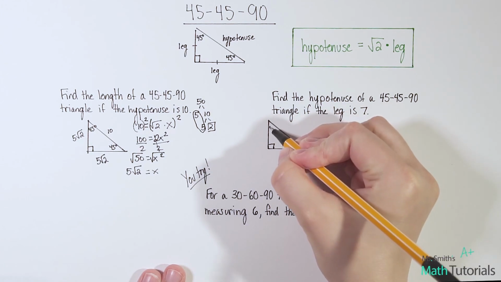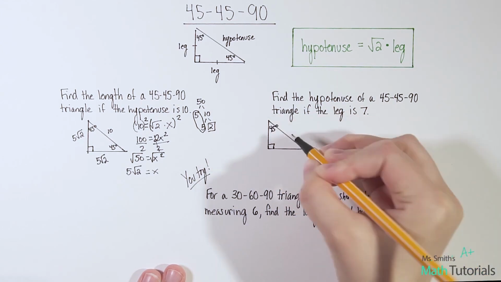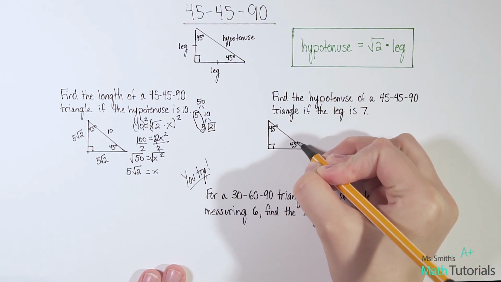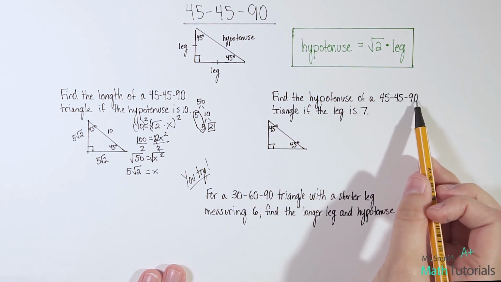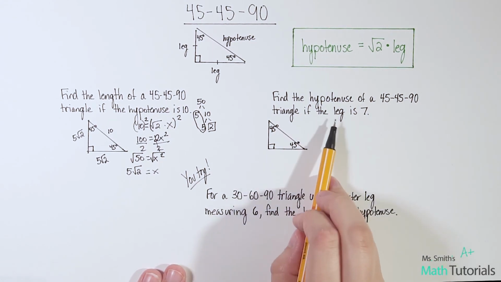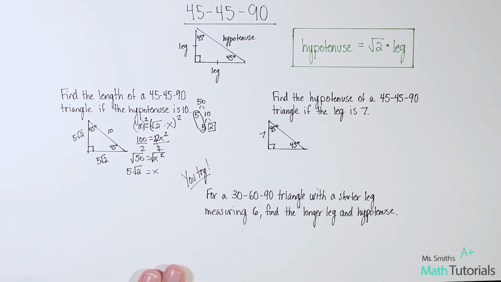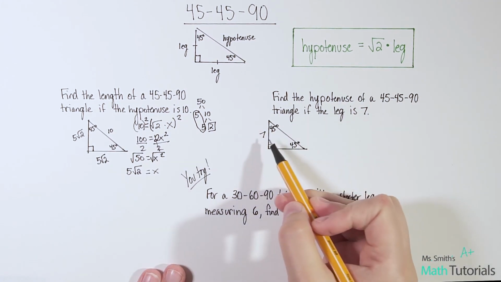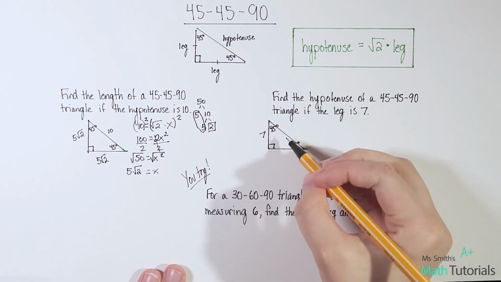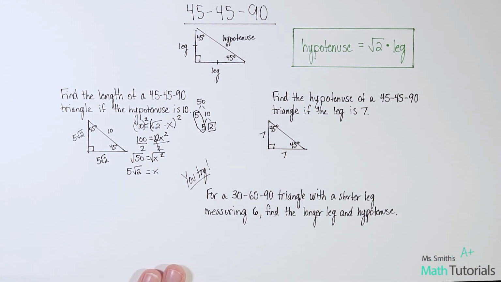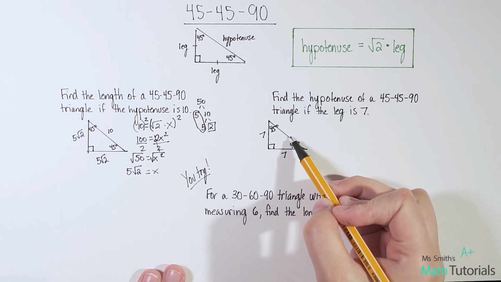It doesn't matter which side I label first, 45, because they are both 45 degrees. It told me this is a 45, 45, 90. All right, now it tells me a leg is 7. So I'll just label this leg 7. But then I can make the jump that if this leg is 7, so is this leg, because they are equal to each other. I just need to figure out the hypotenuse.